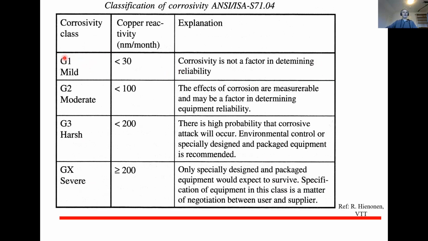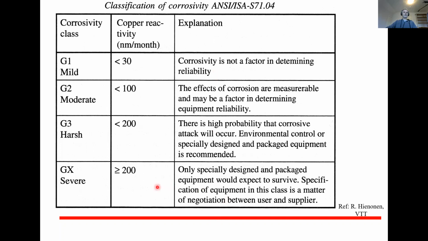So basically, if you end up in G1, corrosivity class of the environment, then basically corrosion typically is not a factor which defines your reliability. So basically, it kind of gives you the answer: no, you don't need to think about corrosion. Something else defines your reliability under those conditions.